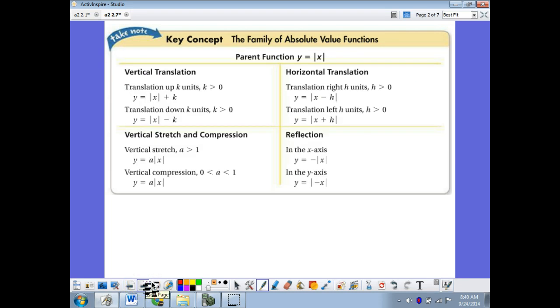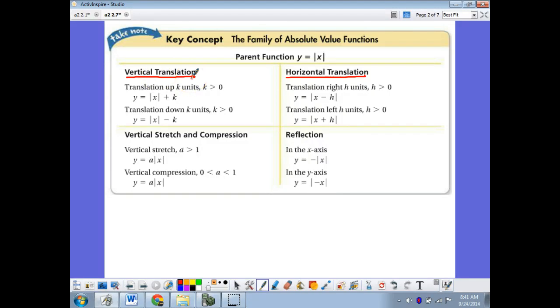Okay, so the parent function, y equals the absolute value of x. What we're going to focus on first is the vertical and horizontal translations. We're going to look at one at a time, and then we're going to put those two translations together, and then we're going to look at the vertical compressions and the vertical stretch. Okay, so the vertical translation is just a slide.